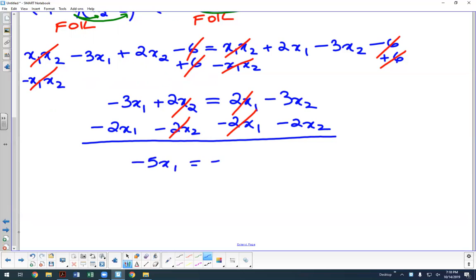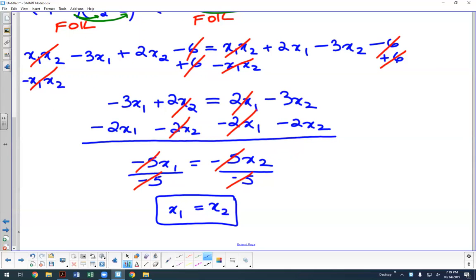Yes. And negative 5x2. Divide both sides by negative 5. This is kind of what we were hoping for. You now have x1 equals x2, which is what we wanted. If we get this, that means our function is 1-to-1, which also means our function is invertible.